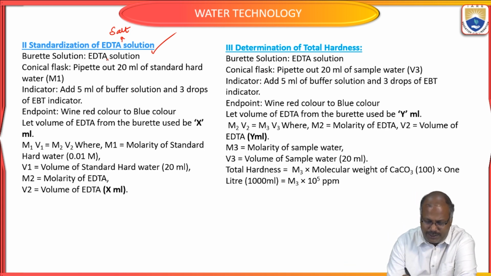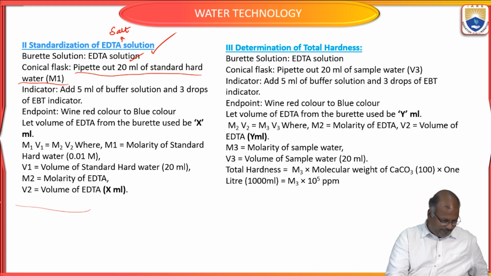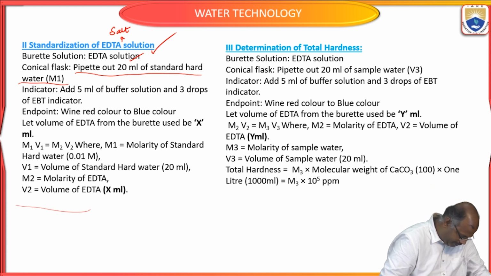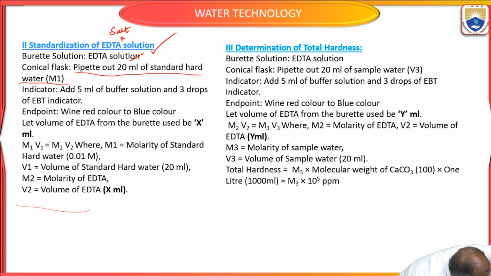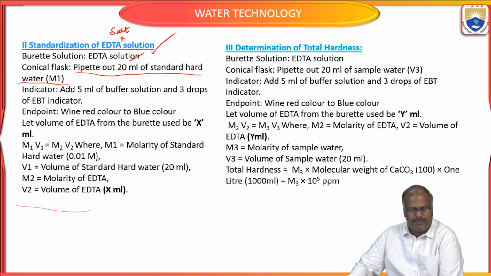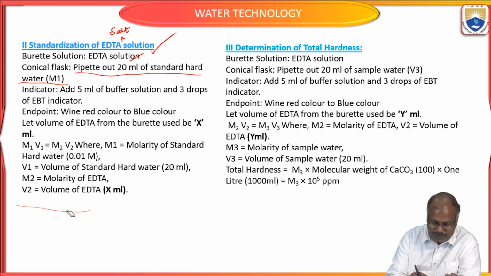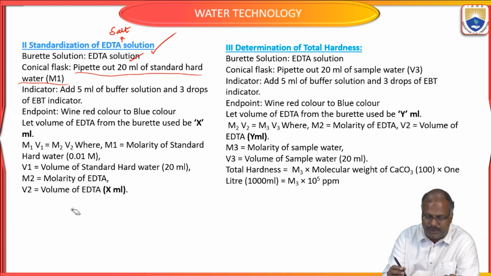So we will take the EDTA salt solution in the burette. In a conical flask, we will take 20 ml of standard hard water, which we prepared by calcium carbonate. We prepared the standard hard water as seen in the preparation of solutions. So that we have to take in a conical flask.